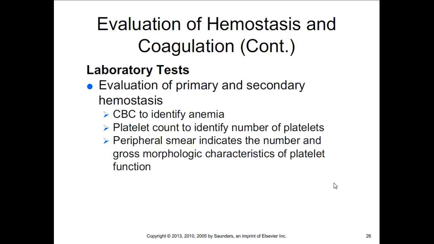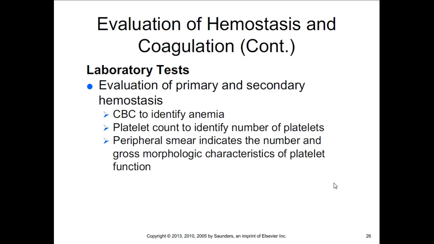Right, so the first laboratory tests are going to indicate primary and secondary hemostasis. The complete blood count is going to be used to look at that. Remember, the hematocrit number is going to identify anemia, or the hemoglobin concentration number. And then the platelet count can also help identify your ability to clot, particularly that platelet plug.